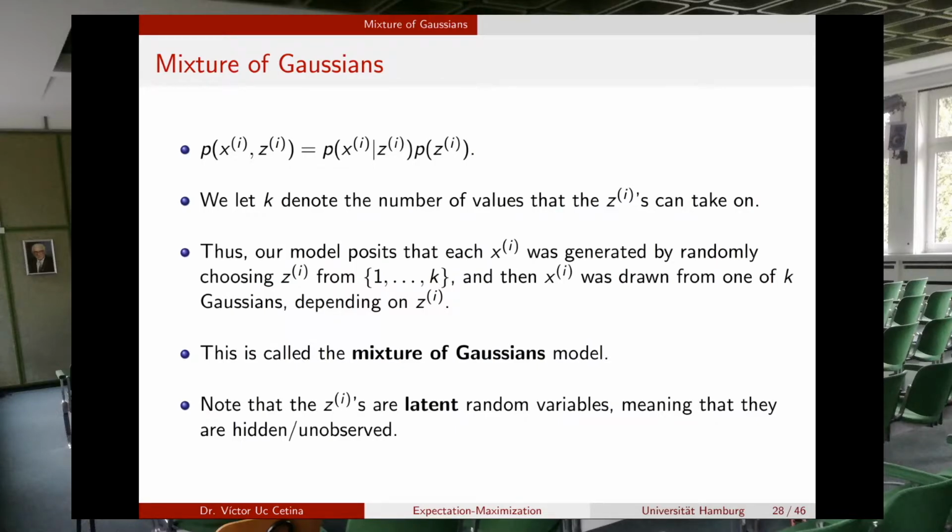Remember that the only information we are given is the set of input vectors, the set of vectors x, but we are assuming that each of these vectors belongs to a group, and we don't know how many groups there are, and we don't know these assignments, but we assume that this information exists in the form of a random variable, which we are calling z, but it is a hidden or unobserved random variable.